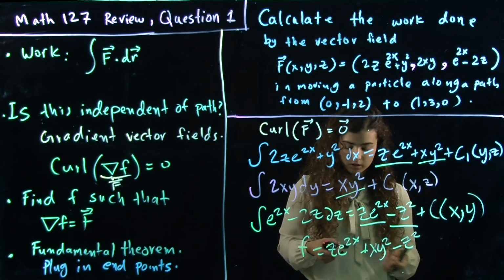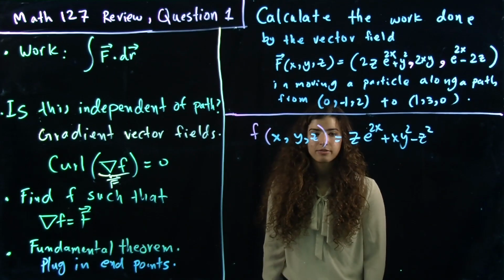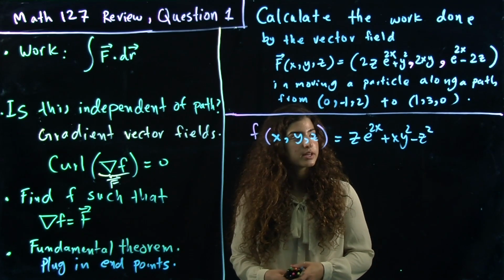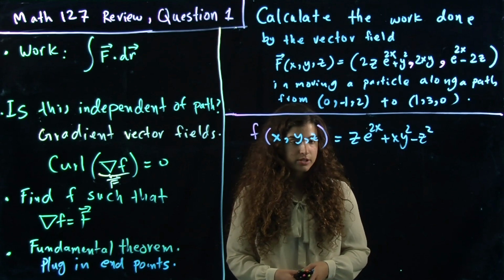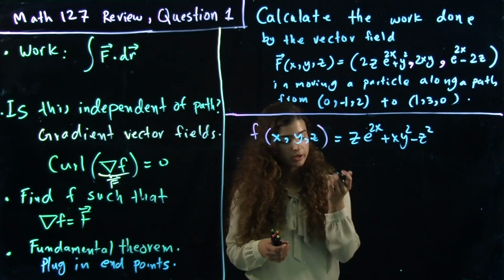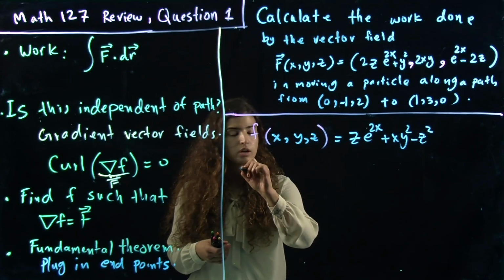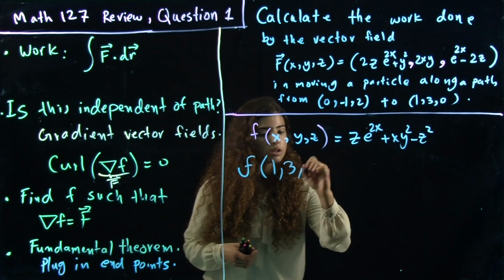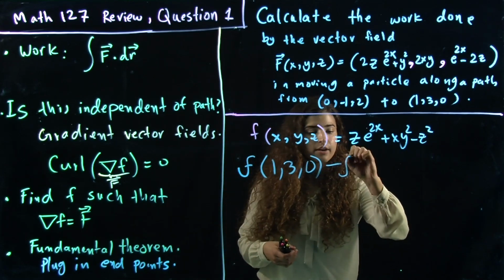So we found our f of xyz is equal to z e to the 2x plus xy squared minus z squared, and so what we're going to do is plug in our final and initial points to find the work done. So we have our f of our final point minus the f of our initial point.